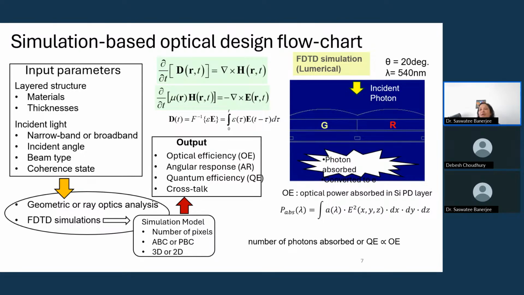So here what is happening is you have a light coming at 540 nanometer, which is just green, and it is coming at an angle, and you can see how it is behaving and how it is interacting. That is, the light can only pass through the green filter. It cannot pass through the red filter.